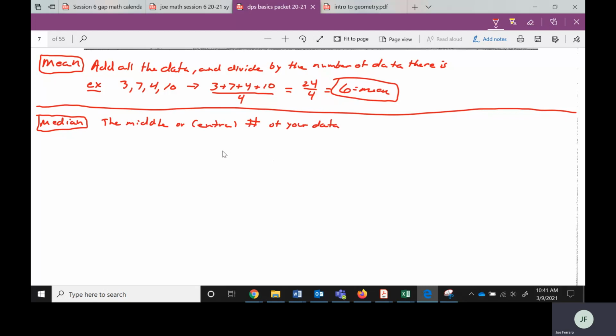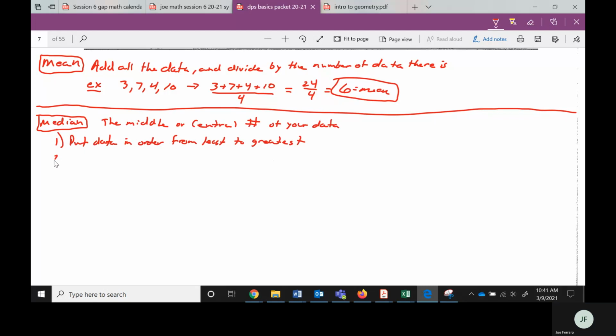There are some steps to do here. First step, put the data in order from least to greatest. I guess it could go greatest to least, but we're always going to put it least to greatest.